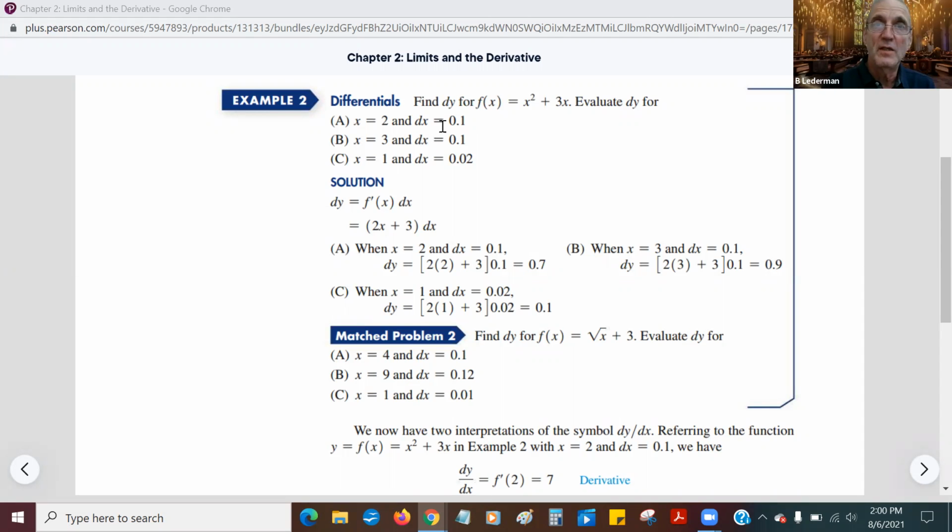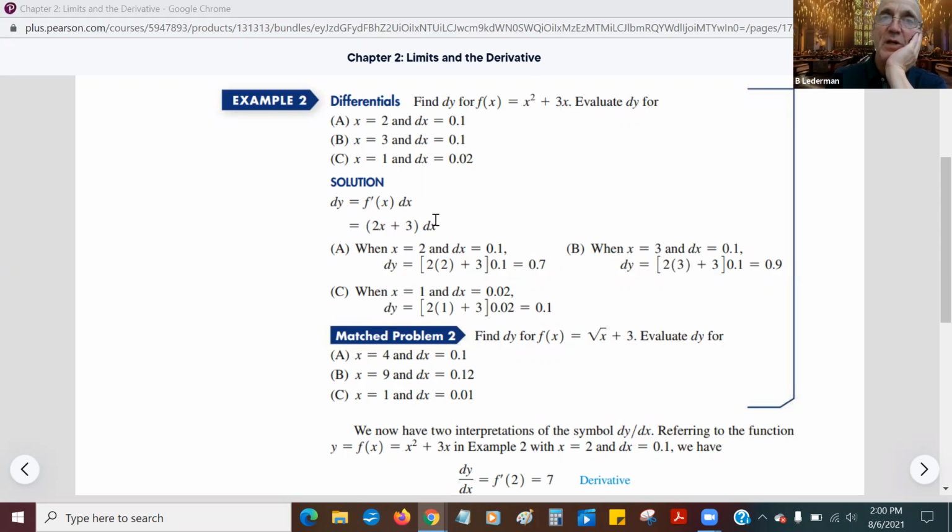Let's look at this. Find dy for f of x is equal to x squared plus 3x. Evaluate dy for x equal 2 and dx is 0.1, x equals 3, and so on. So dy is f prime times dx, and f prime, which we know from derivatives, is 2x plus 3.